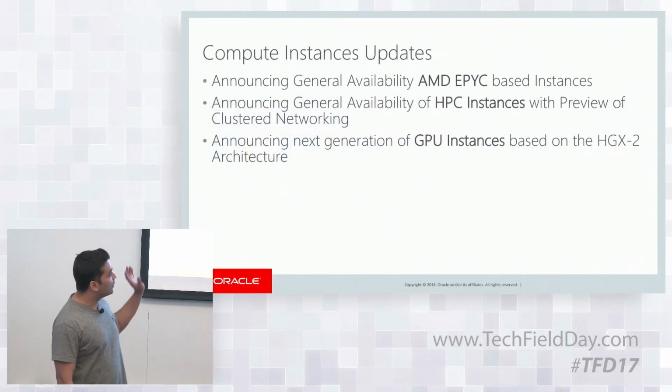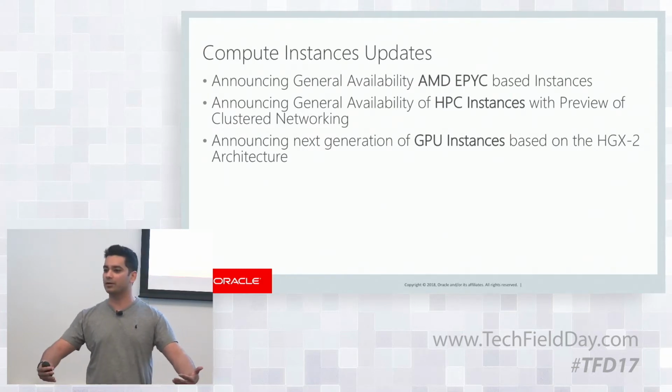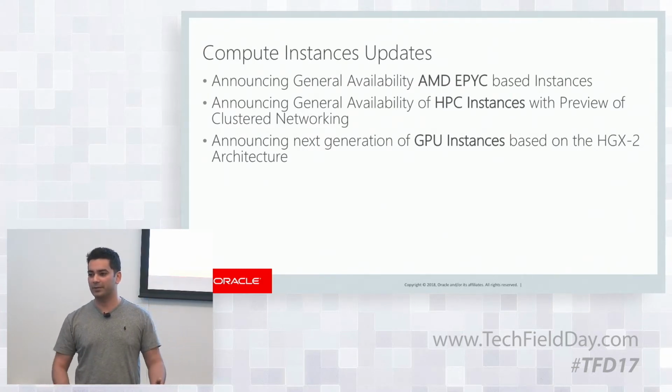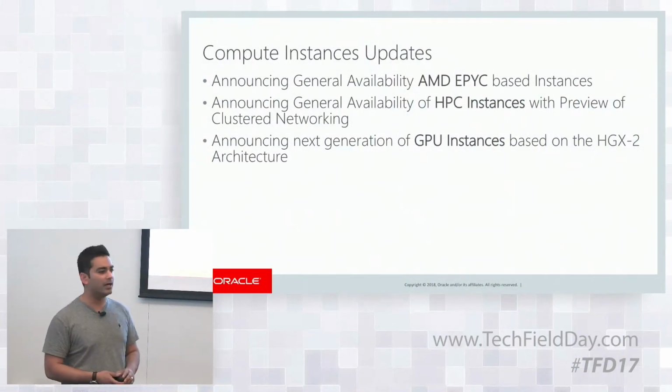So that is sort of the base layer technology, and then it'll make its way into our compute instances, essentially, right? So you have to have an instance that is essentially cluster network enabled to be able to use it against other things. Exactly. So the three major instances that we are announcing are AMD-based EPYC instances. So these are instances with EPYC processors in them.